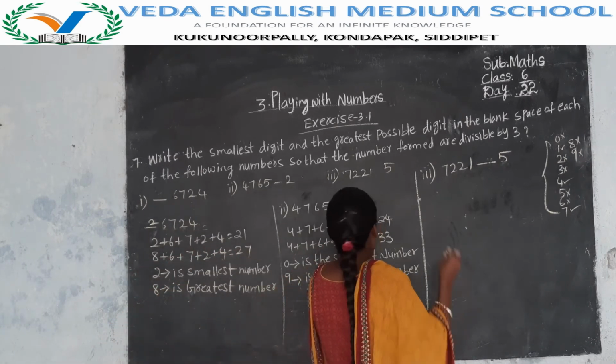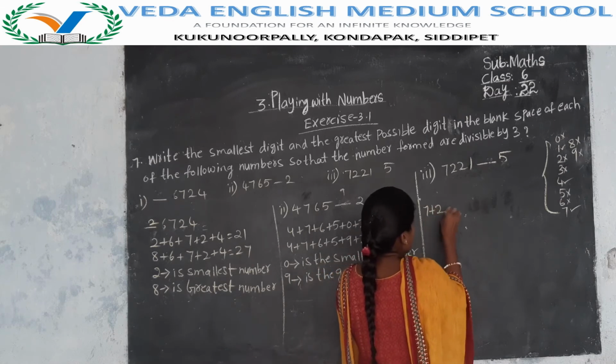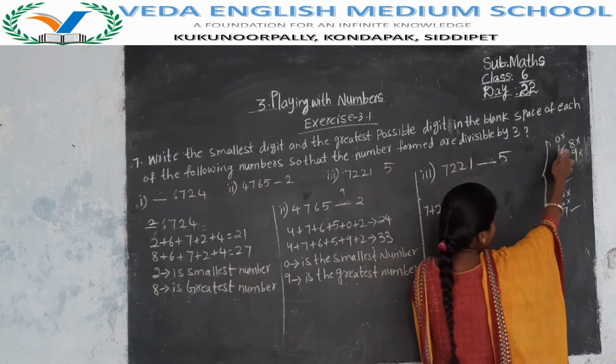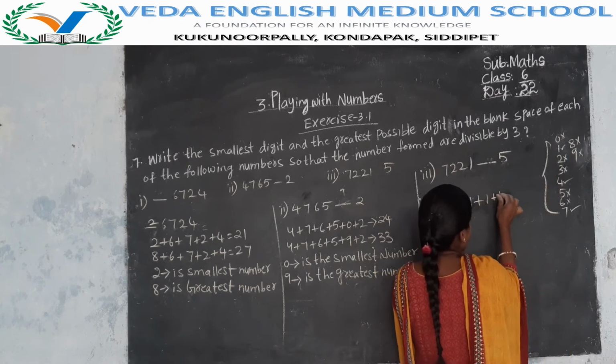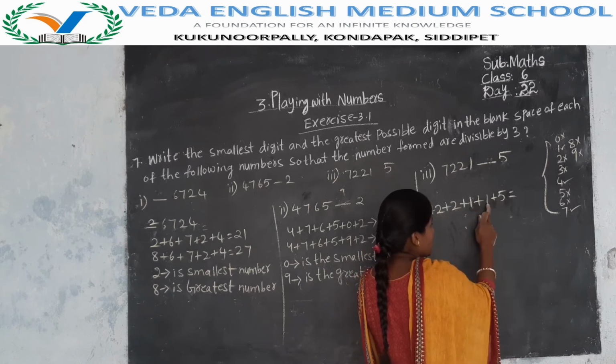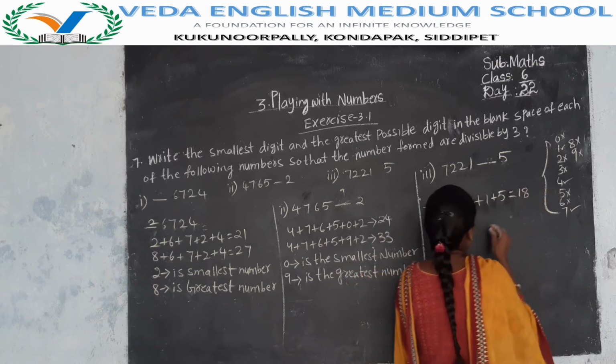Then you have to write here directly 7 plus 2 plus 2 plus 1 plus 1 plus 5. 7 plus 2, 9, 9 plus 2, 11, 11 plus 1, 12, 12 plus 1, 13, 13 plus 5, 18.